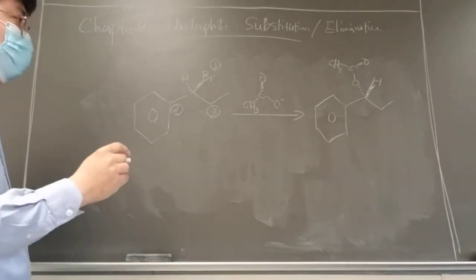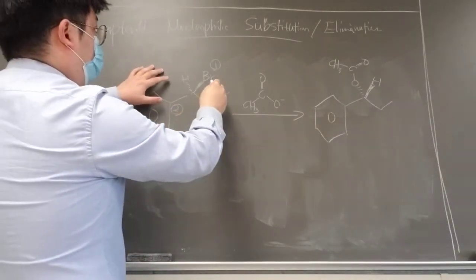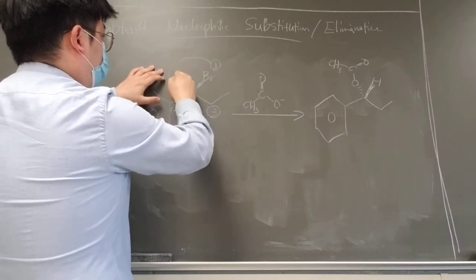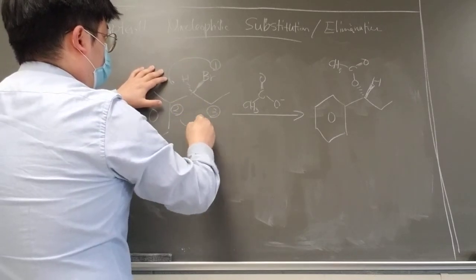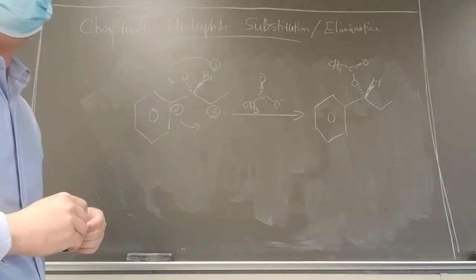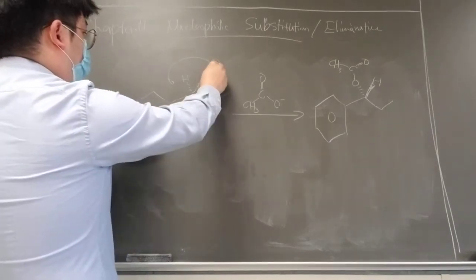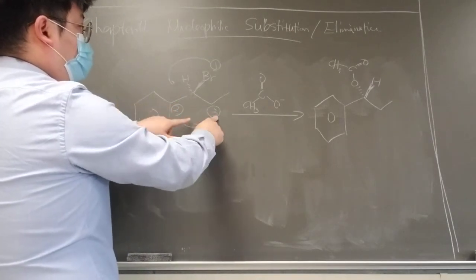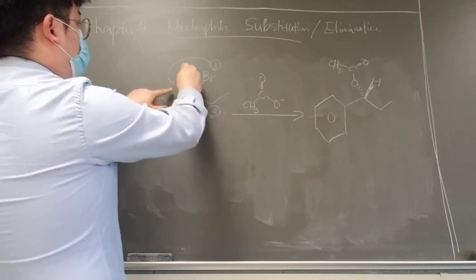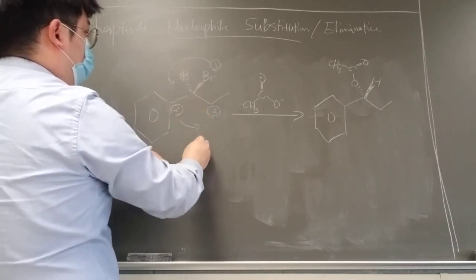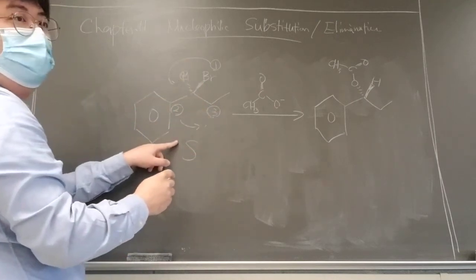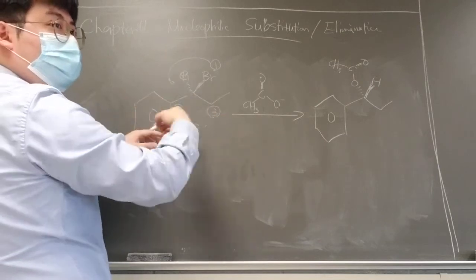Okay, so this will show you this type of configuration over here, right? So this is going to be 1 and 2 and 3 and 4, but 4 is on the back, so this is the S configuration because it's going this way.